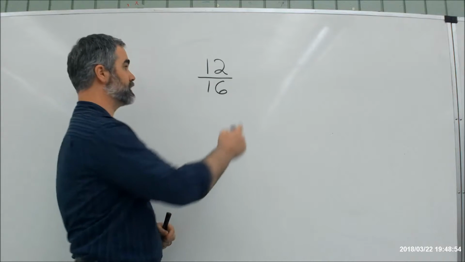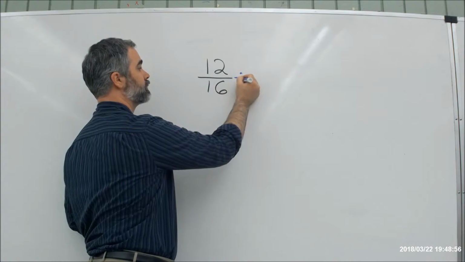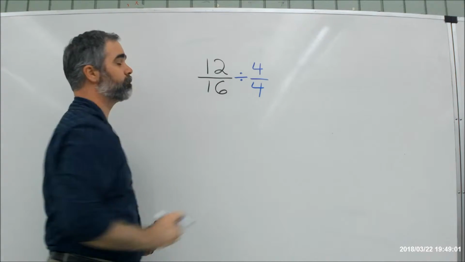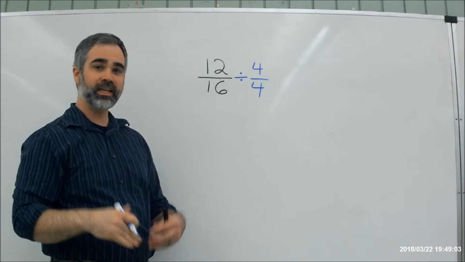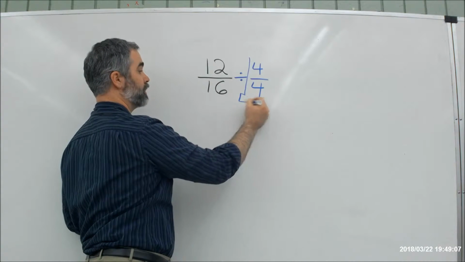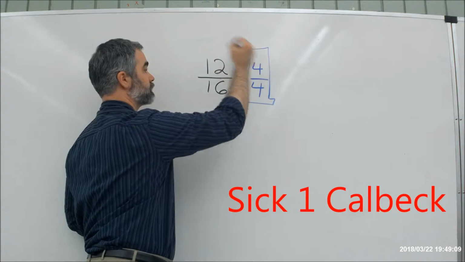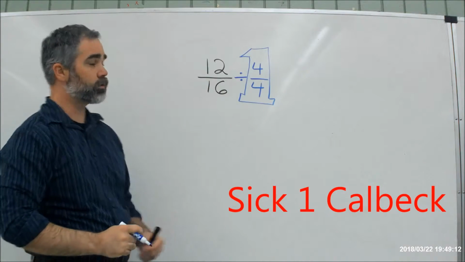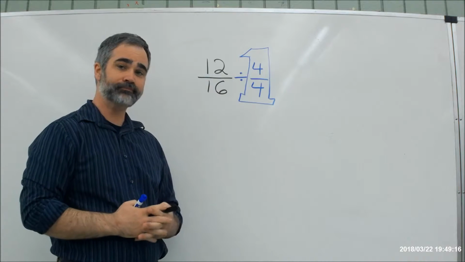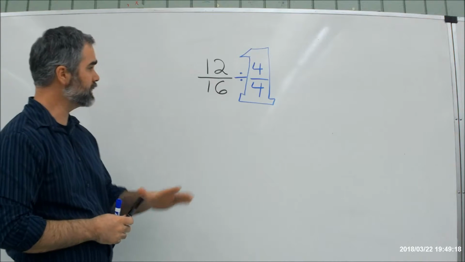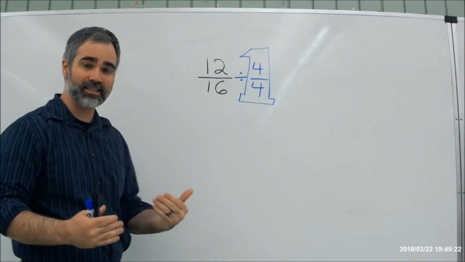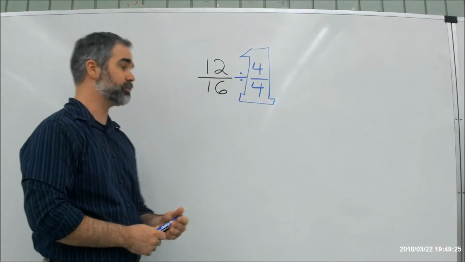And notice again what I did here is I divided by 4 on the top, and I divided by 4 on the bottom. 4 over 4 is a really creative version of 1. I like to draw a big 1 around these. So 4 over 4 just gives you 1. That's a really important idea. Because what you're looking at here, when you divide by 1, is the exact same number. You don't change it if you multiply or divide by 1.